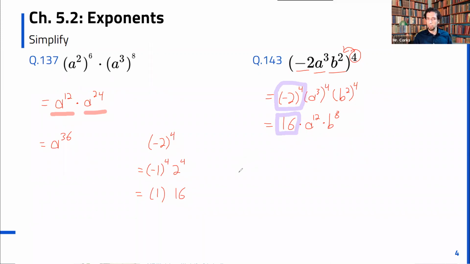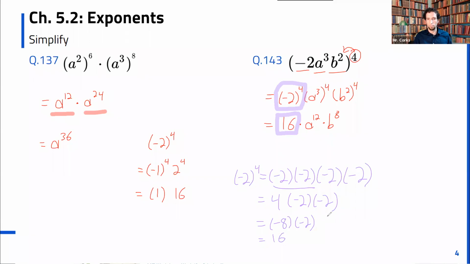It's an exponent, so -2 to the exponent 4 is equal to -2 times -2 times -2 times -2. -2 times -2 is 4, times -2 is -8, times -2, the last one, 16.